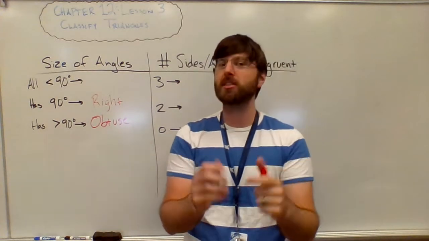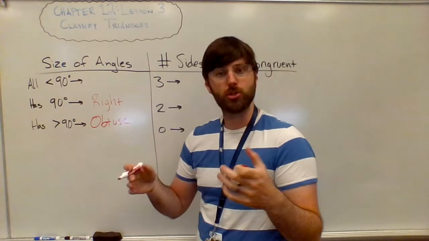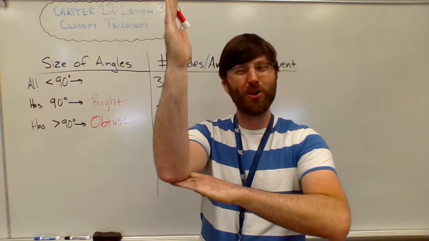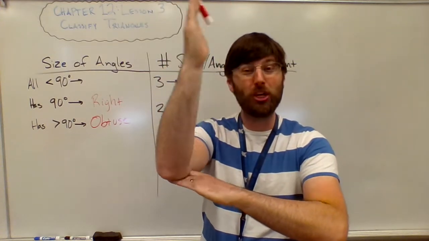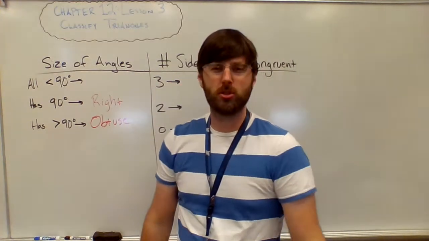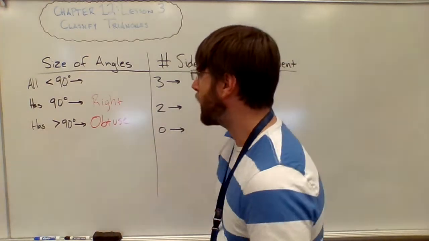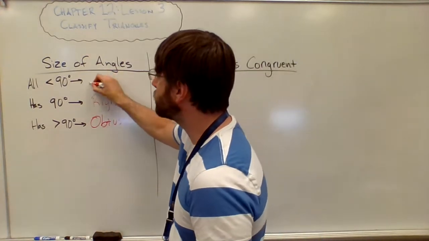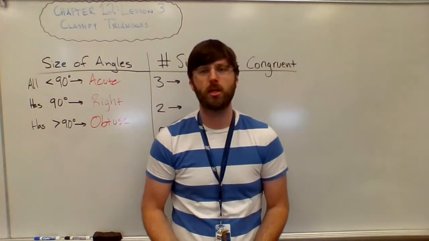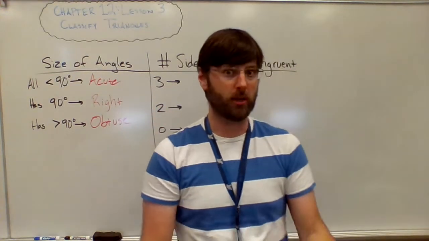Now, if all of its angles are less than 90 degrees, the word is acute angle. Oh, it's such a cute little angle. That's how we remember acute is little. Obtuse, I usually remember, it's so obtuse. Obtuse just sounds like it's big. So in any case, it's acute. If a triangle has all acute angles, it's an acute triangle.